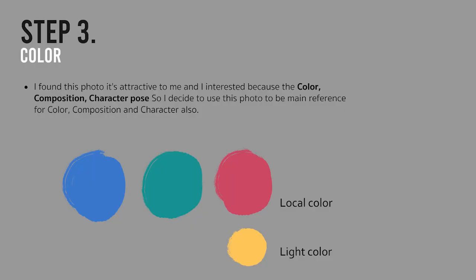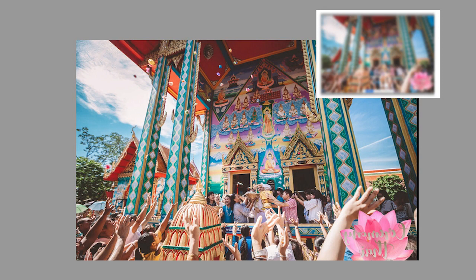Actually, also from the reference. You can see the main reference that I shared in step 3, the temple one. You can see the sunlight rise from the left side. So yes, this is the main reference for the lighting in this painting.